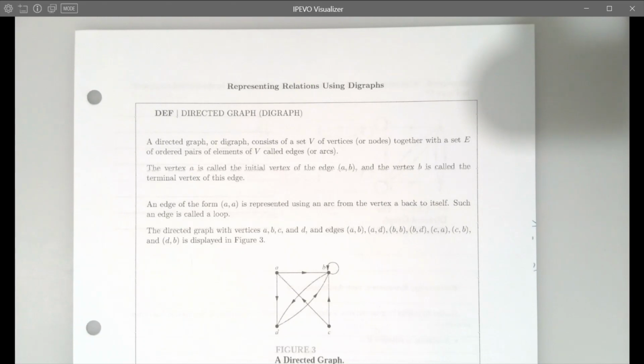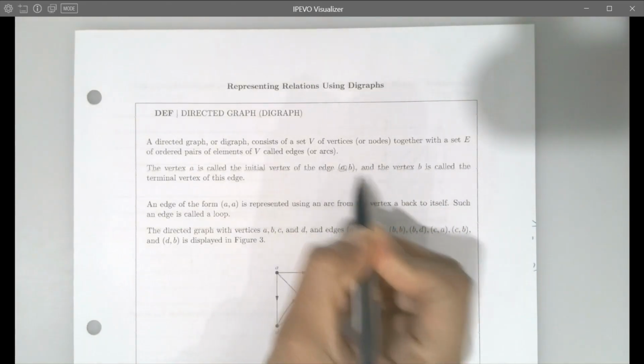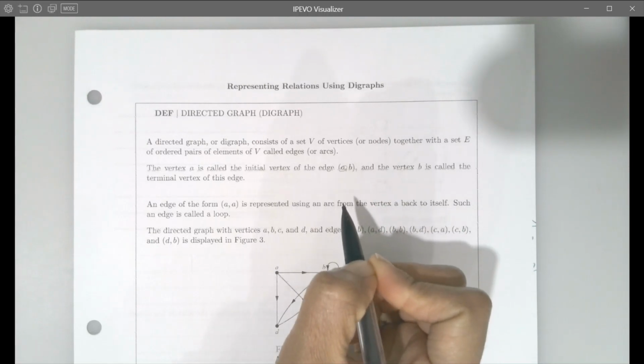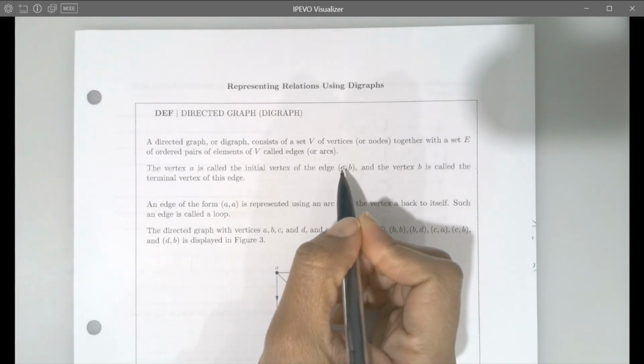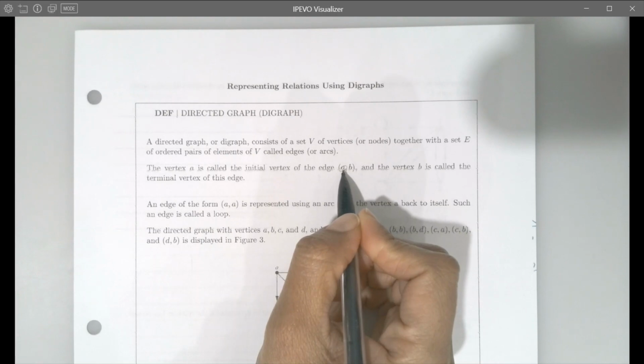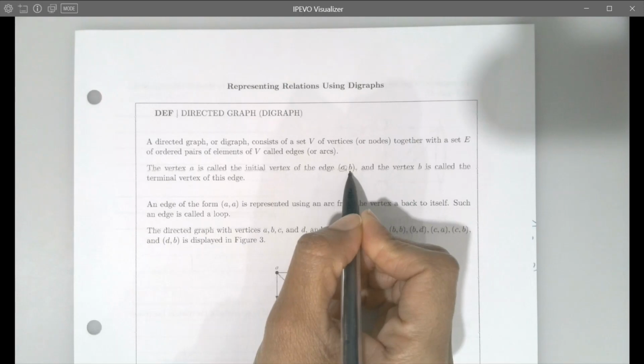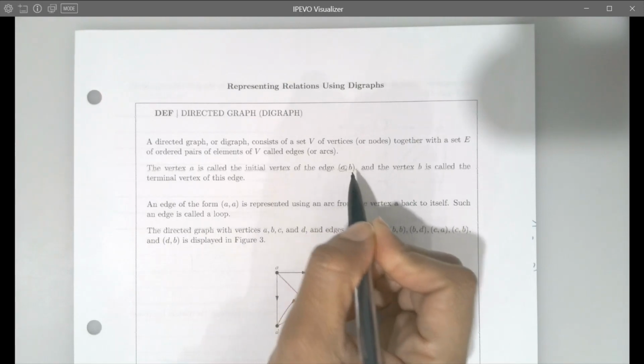So edges are represented as ordered pairs. The first coordinate of the ordered pair is the initial vertex, the node from which the edge emanates, and B is the terminal vertex, meaning it is the vertex that receives or is the end of the edge.